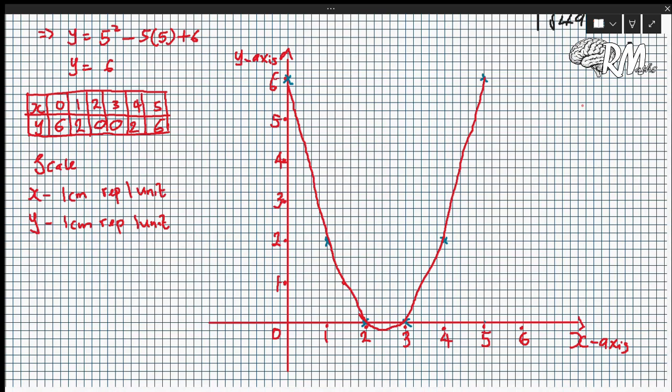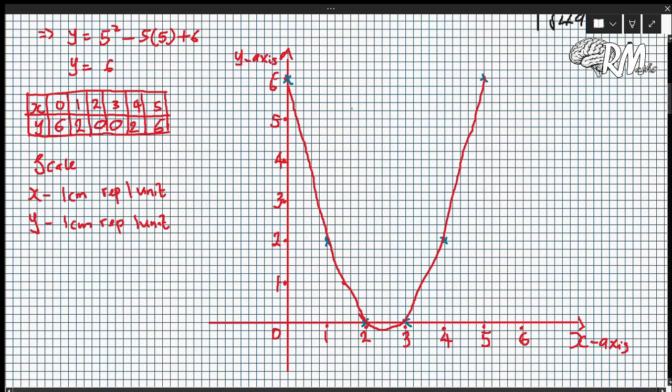So this is the graph of the equation y equals x squared minus 5x plus 6, and at this point the graph cuts the x-axis. If you look at it here, where the graph cuts the x-axis is at these 2 points. We have it here and here.